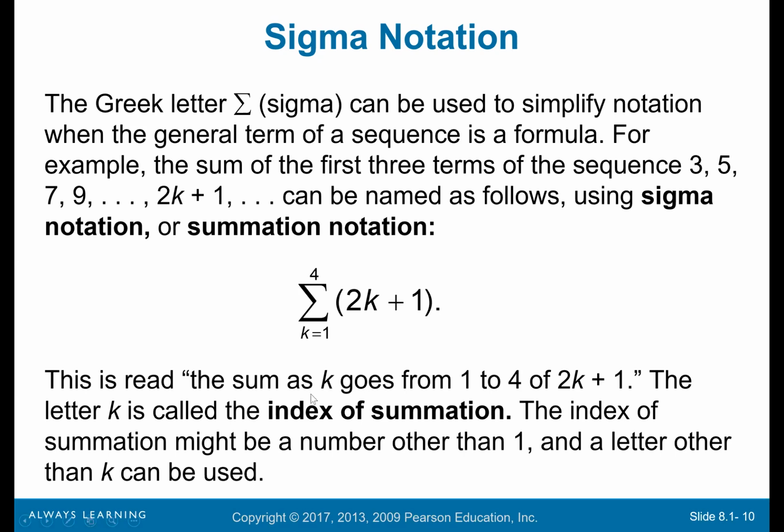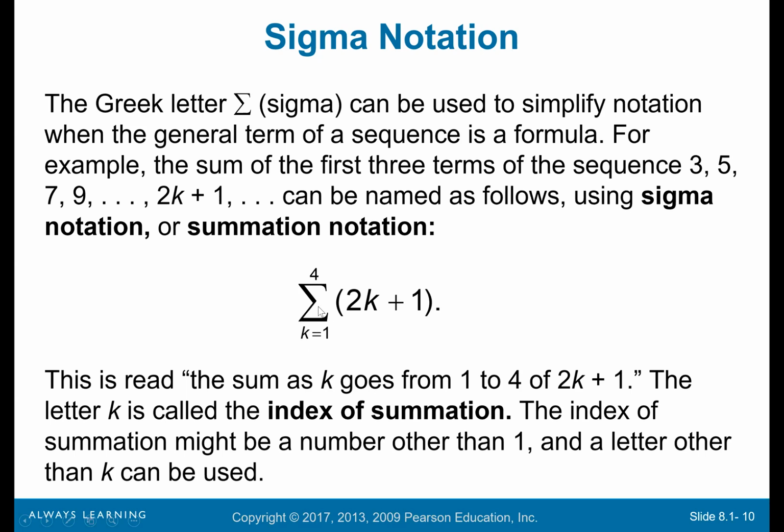The Greek letter sigma, and this is actually capital sigma. We use lowercase sigma a lot in probability, but capital sigma is comparable to the capital S in our system. So it stands for the sum. And we have numbers below and above.